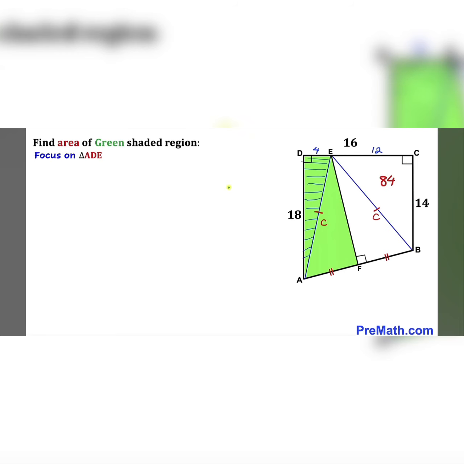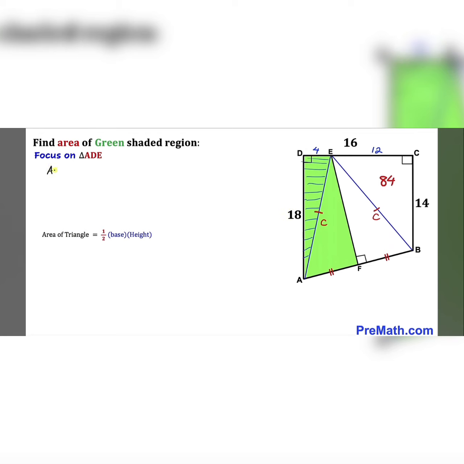And here's our next step. Let's focus on this right triangle ADE. Now we are going to calculate the area of this triangle ADE. Let's recall the area of a triangle formula once again. Area equals a half times base times height. In our case, our base is 4 and our height is 18.